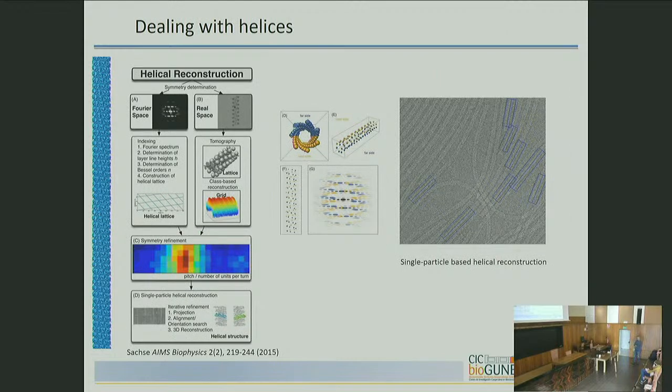As I mentioned, we have the development in cryo-electron microscopy, and in order to analyze helical symmetry samples, you can go to Fourier space using Fourier-Bessel indexing of helices, or, in this case with high-resolution cryo-EM, you can go to single particle, so to speak. The problem with Fourier-Bessel is that you need to have a lot of asymmetric units in register, which is something that is flexible. This is not possible, so you never reach high resolution.